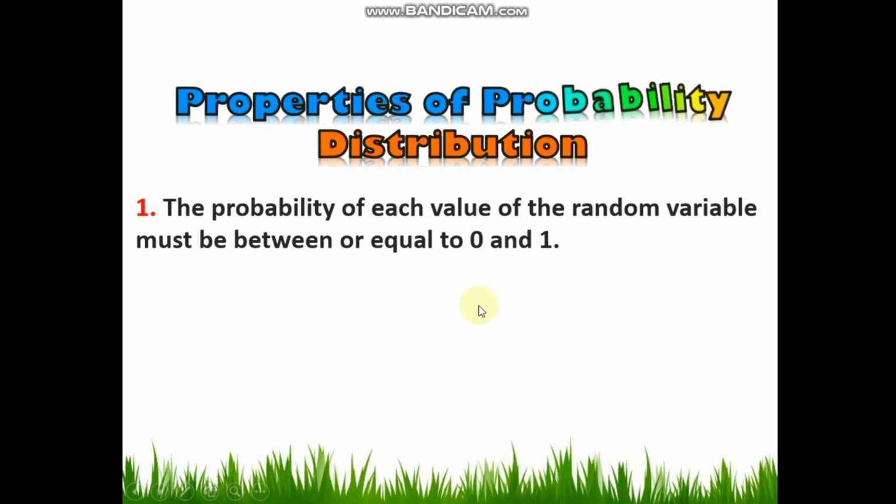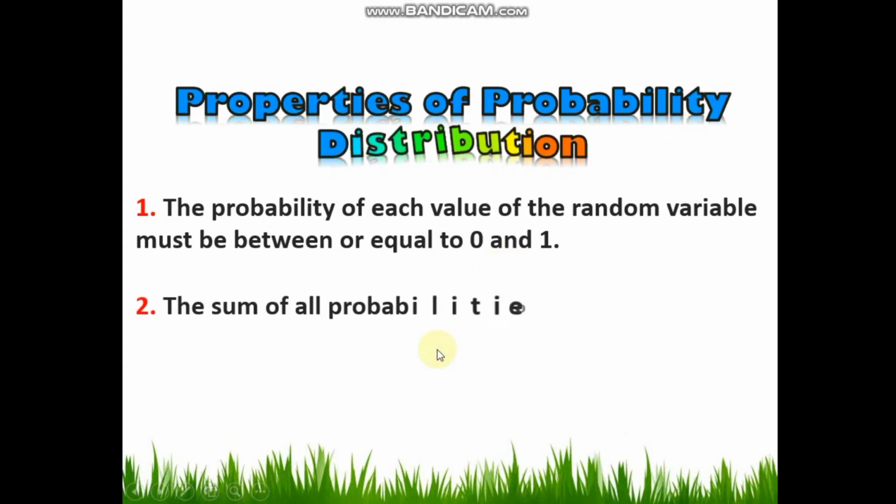What this means, class, is if you want to say that the given set is a probability distribution, you have to inspect each probability value. So, every single value you inspect. What do you inspect? You inspect if its value is from 0 to 1 only. Until there only; it cannot be negative, and it cannot exceed 1. It can be 0 itself, it can be 1, or in between. Okay? That's the first property.